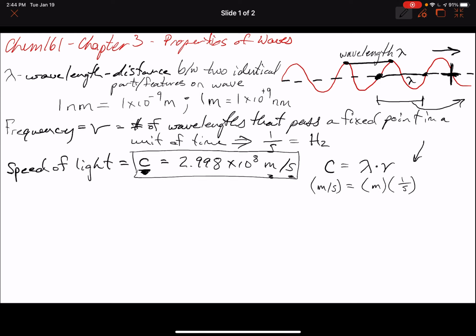Okay, so let's take a look at a couple of examples and see what we can do with this. So we'll just make some room for that.